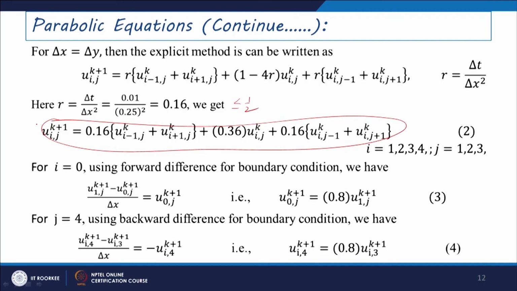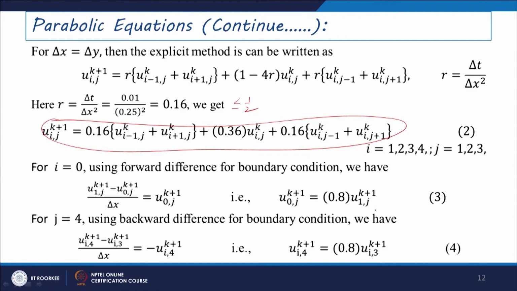This is just defined as u0j at the k plus 1th level. Since the initial boundary condition is not provided exactly at the point u0j, u0j can be taken in the form of 0.8 u1j to the power k plus 1 here.